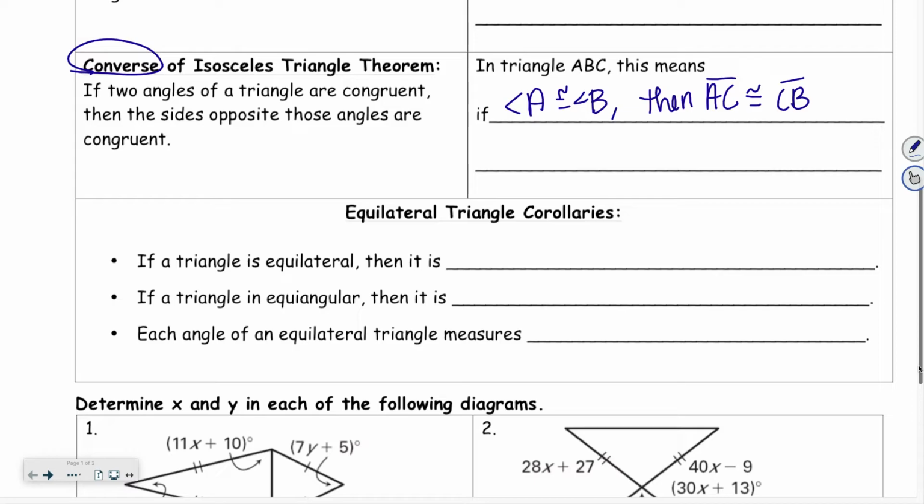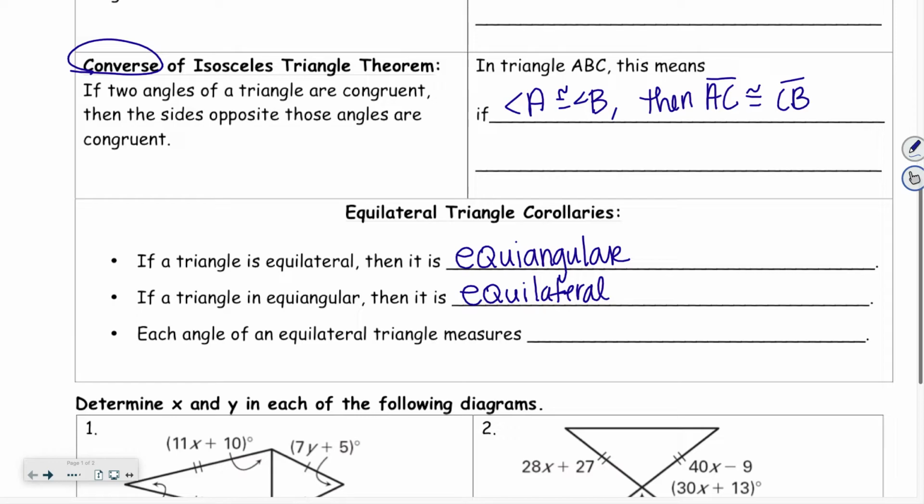So if a triangle is equilateral, then it is equiangular. Those go together. If a triangle is equiangular, then it is equilateral. I don't have to tell you both.